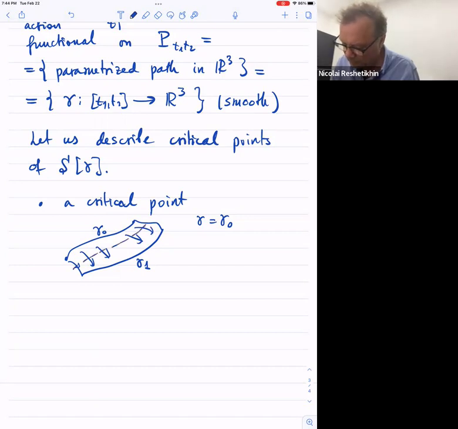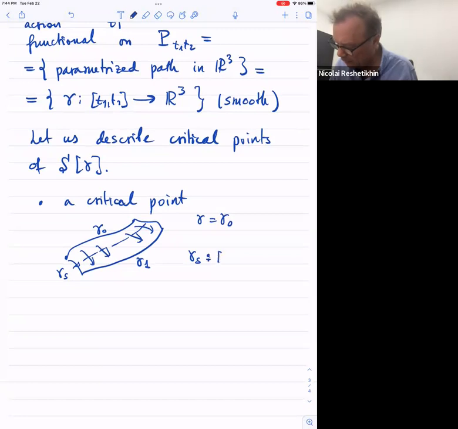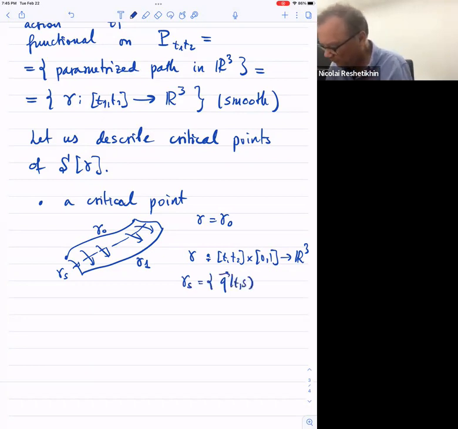Somewhere in between there is a gamma s, a mapping from T1, T2 cross (0, 1) to R3. Gamma s is a parameterized path again, but now it depends on s, from T1 to T2.